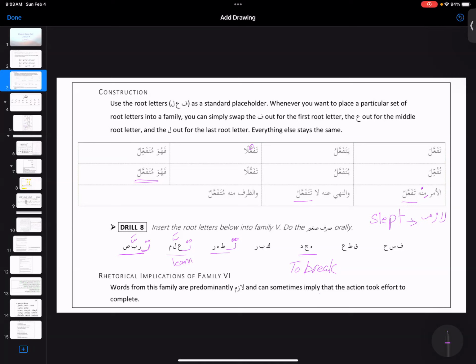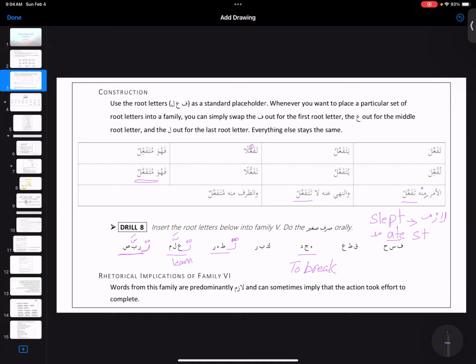Or if I say he ate, now he ate something. Something over here is making sense. So he ate what? He ate an apple, he ate a biryani or whatever. So this ate is mutaddi.